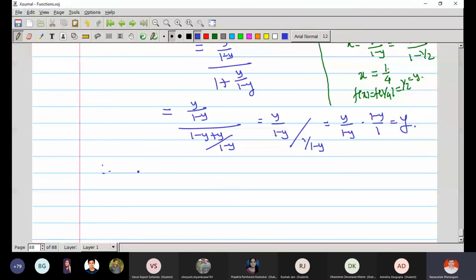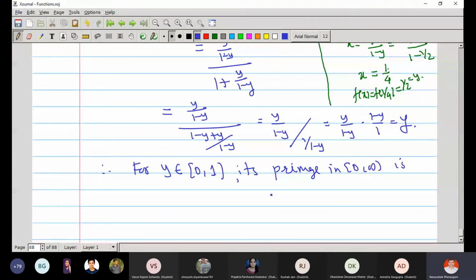Therefore, for y in 0 to 1, its pre-image in 0 to infinity is x equal to y upon 1 minus y, correct? And this is well defined, because this pre-image always exists since y is not 1.